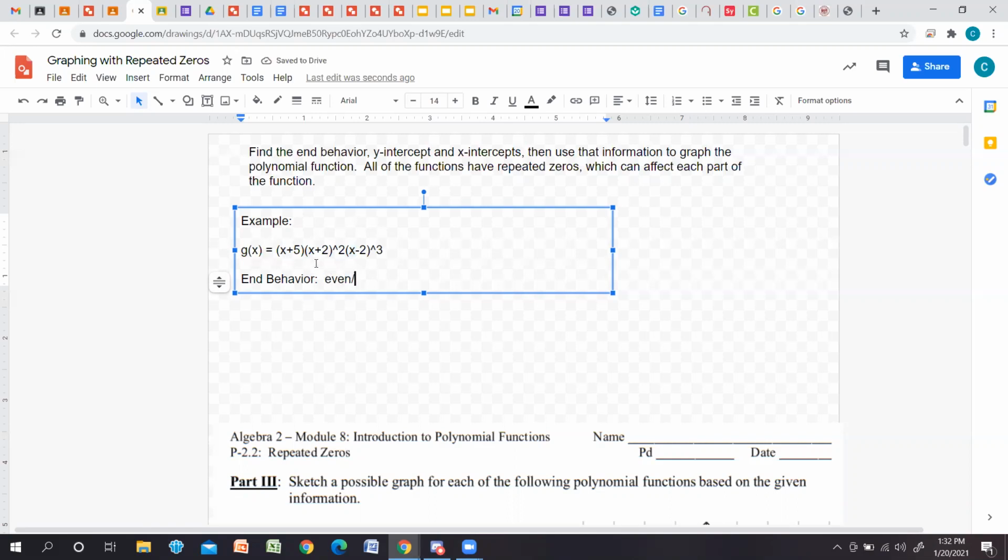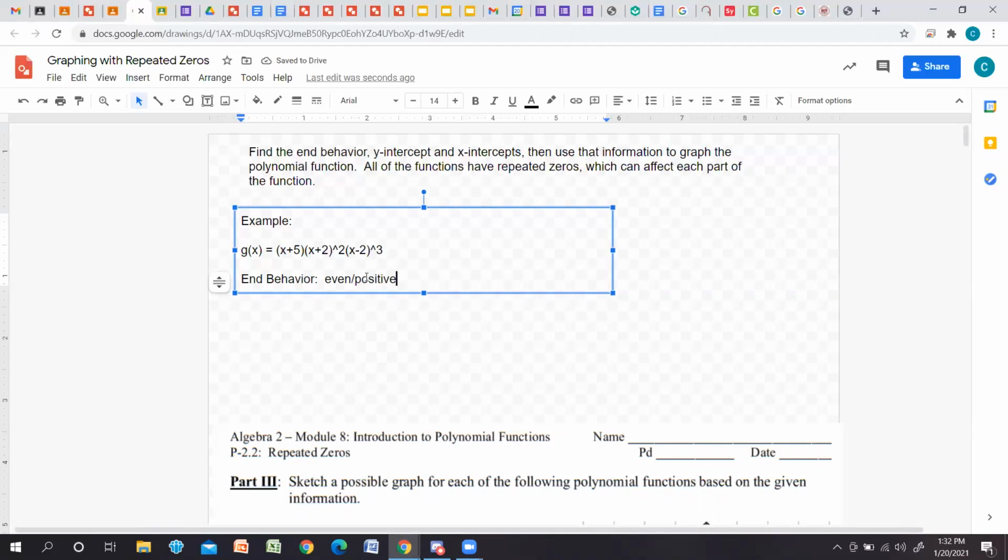Then to find if it's positive or negative, typically you just look in front, the coefficient for the entire factored function, and there's none here. That means it's 1. That's positive. So it's even and positive.